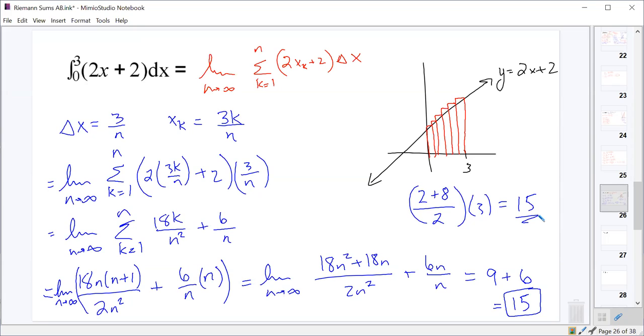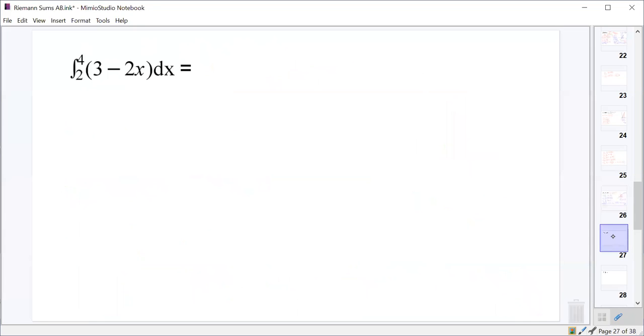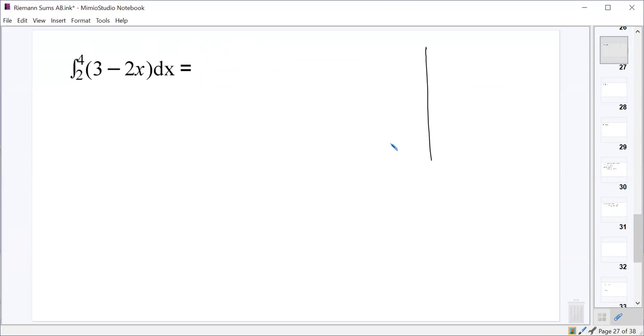Good or no? Good. All right. One more of these before we get into some that we can't check geometrically. So I'm going to let you guys work through this one on your own. But before I let you do that, we're going to figure out what you should get as your answer. So 3 minus 2x is going to look something like this. Probably should be a little steeper than that, more like that.